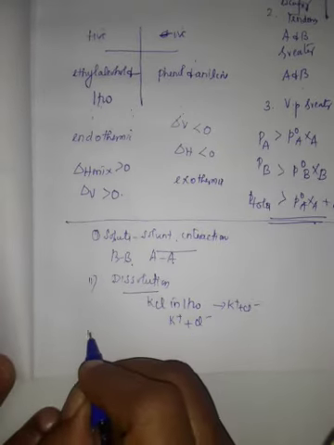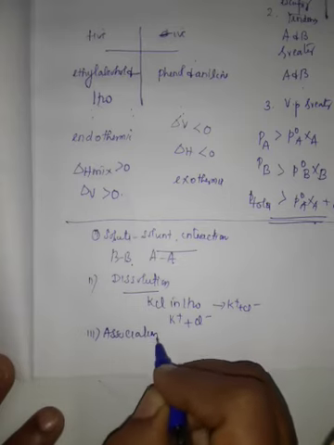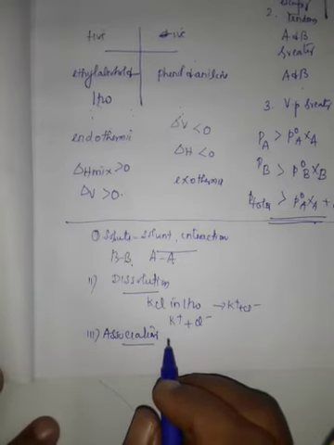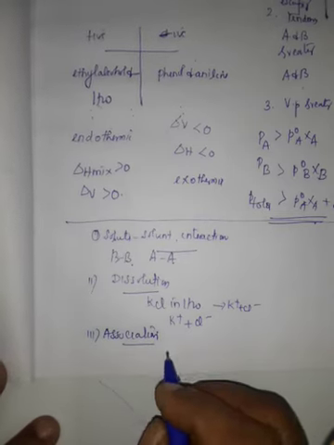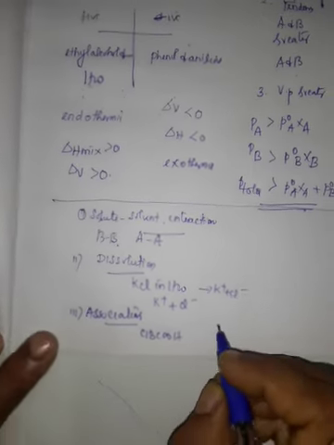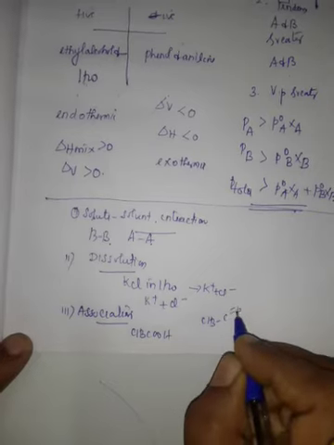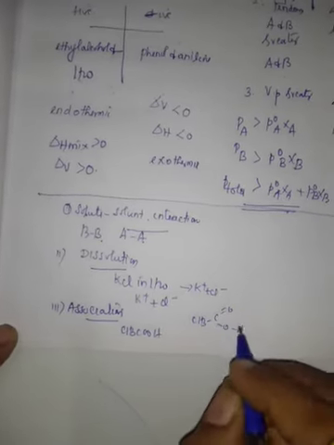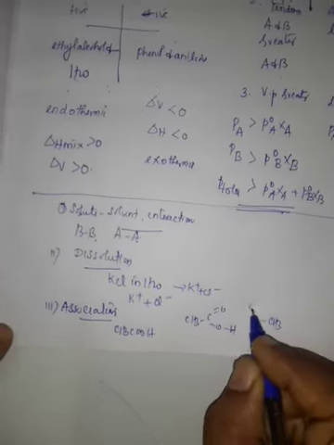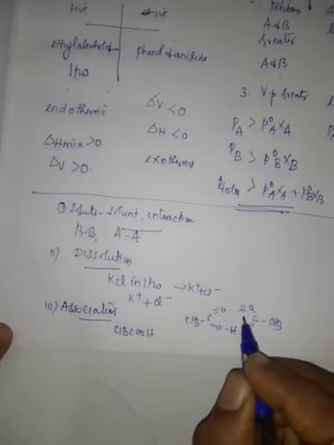Number 3, association. That is, association of solute causes deviation. For example, acetic acid, CH3COOH, it forms a dimer, CH3COOH, so here it forms a hydrogen bond.